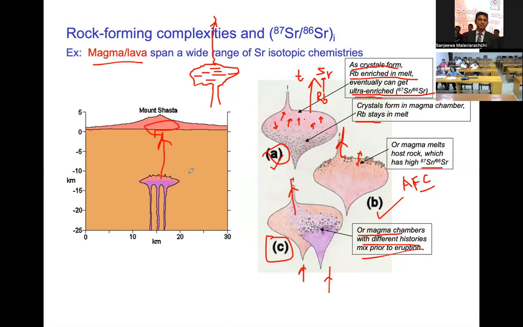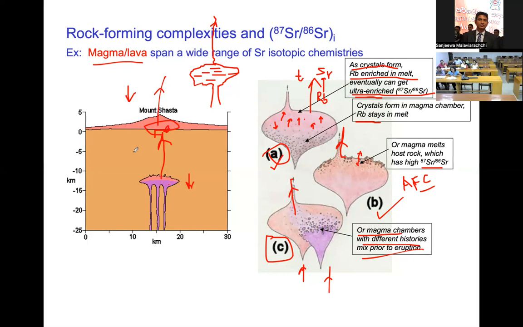This magma is depleted in strontium. Remember, lower mantle is depleted in strontium, right? So once you have depleted strontium coming into the enriched magma chamber, what happens? Everything goes down, right? The average composition goes down, right? Then the erupting magma will have a depleted strontium isotopic composition, right?